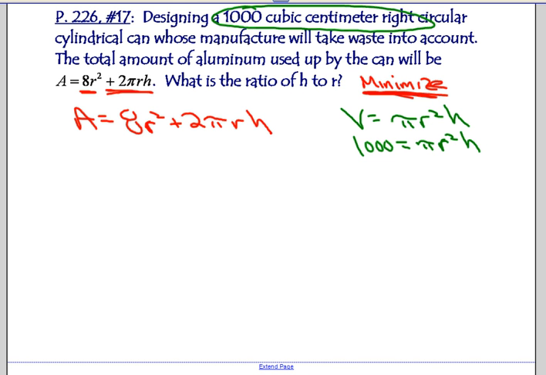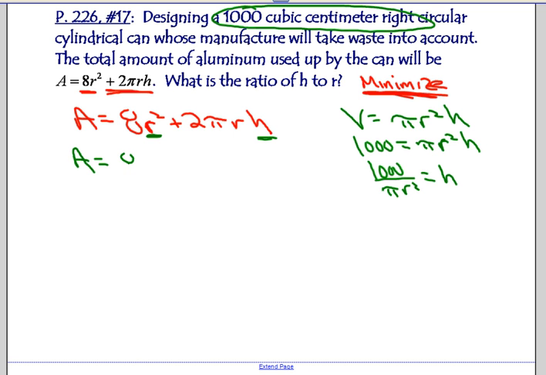So now, what would you like to solve for? Do you want to solve for r? Do you want to solve for h? I'm leaning for h because I only have to sub in once. So 1,000 over pi r squared equals h. We come back to our area equation.